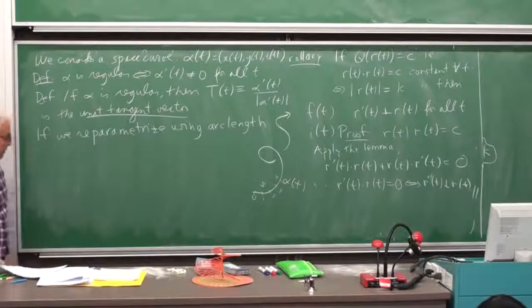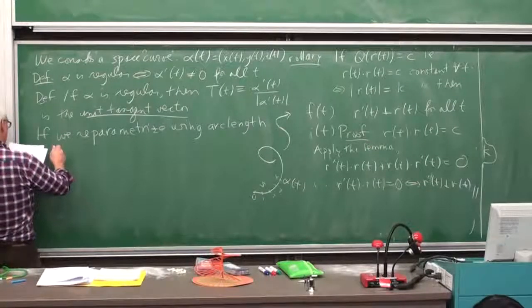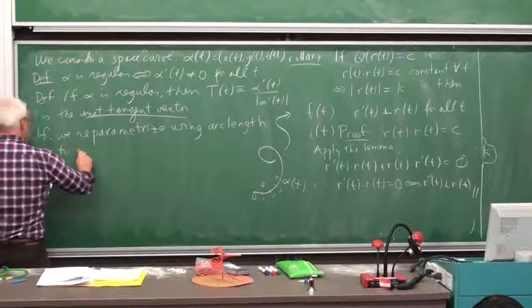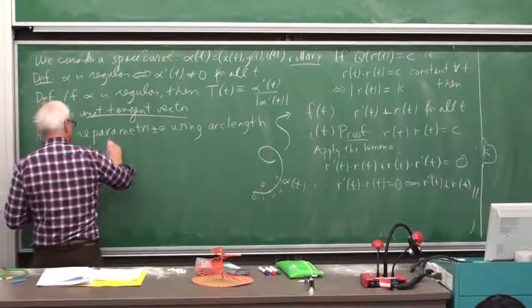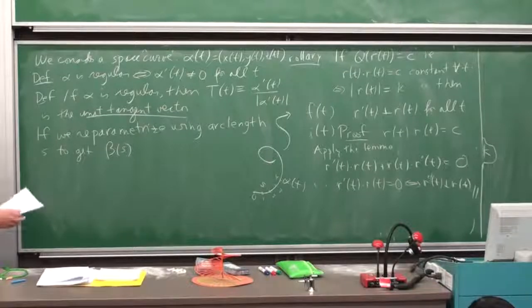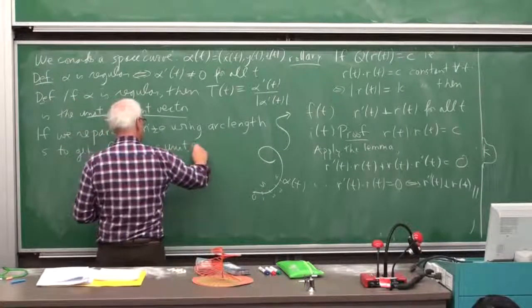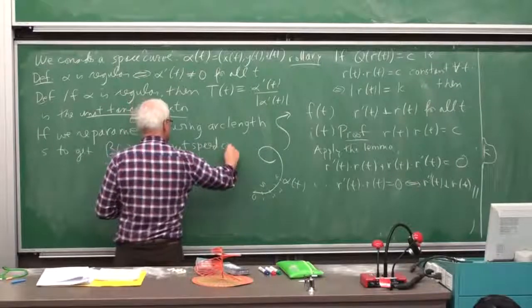Okay, and so we're going to reparameterize using arc length, and we're going to usually call that S, to get a curve that we'll write beta of S. So it looks slightly different because we've renormalized it and using S instead of T. So this is now a unit speed curve.